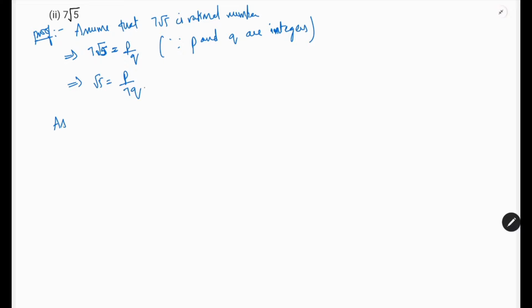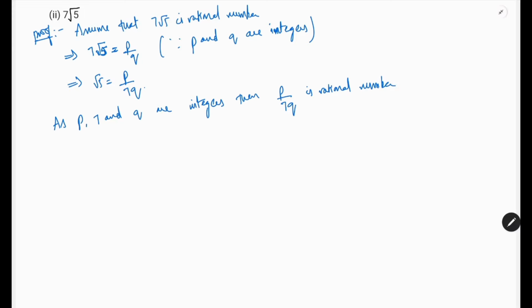See here, as p, 7 and q are integers, p by 7q is a rational number.